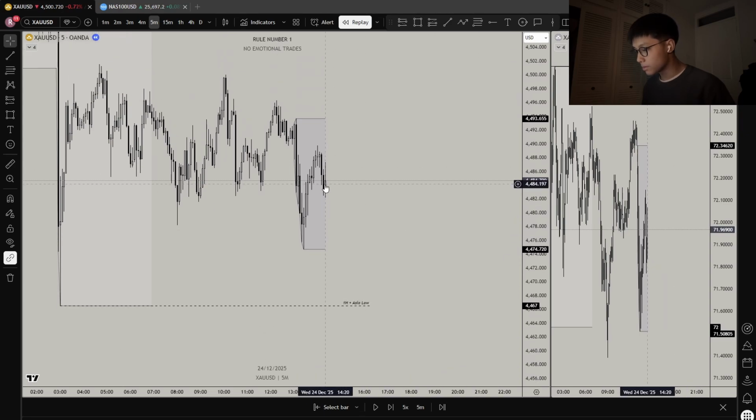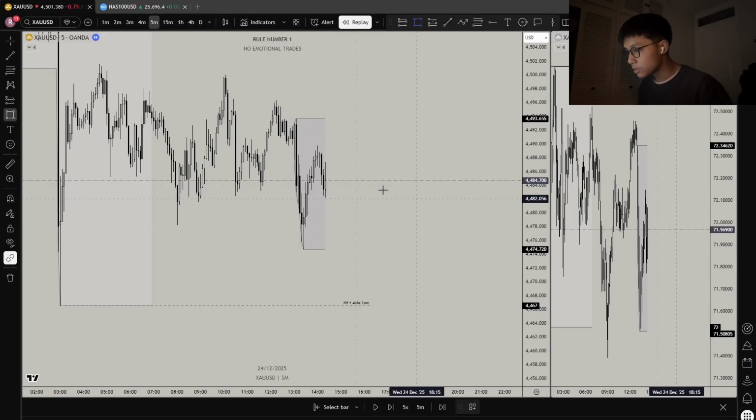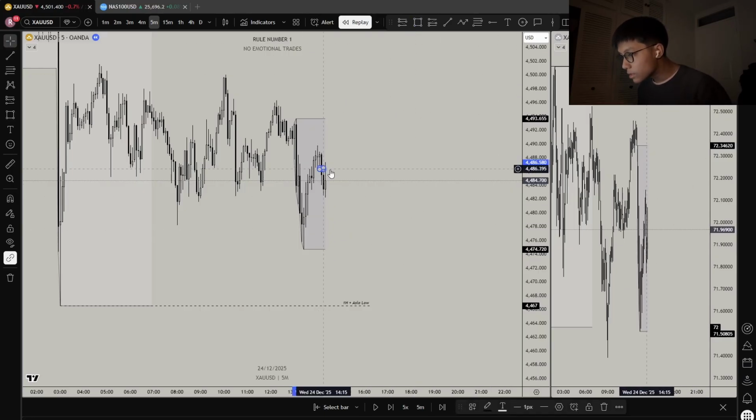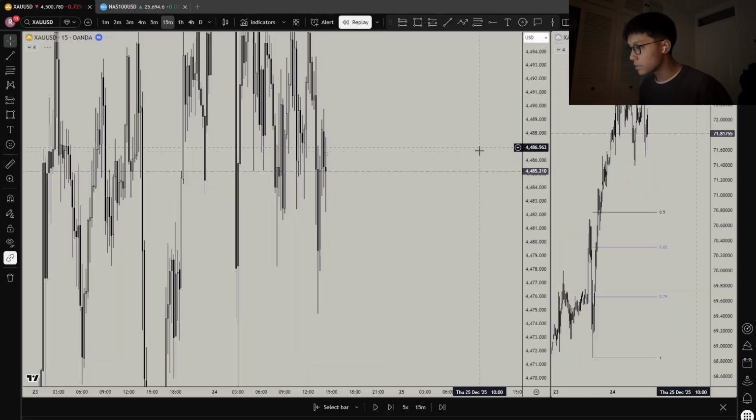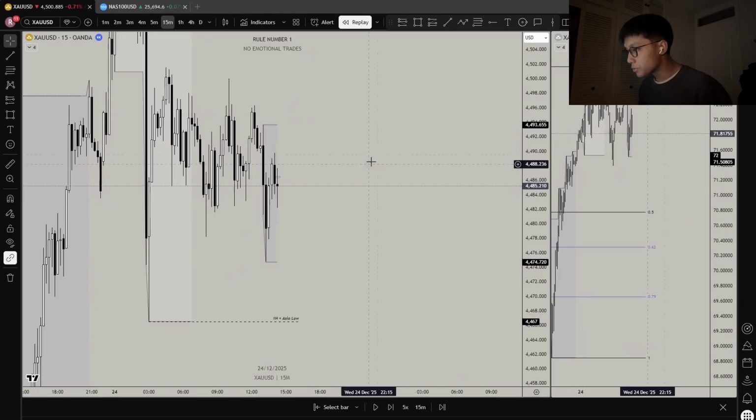So this is about New York open time, and the UK time 10 minutes before. I see this very minor 5-minute fair value gap, which was respected once. And before then, if we go to the 15 minutes, we were also respecting.